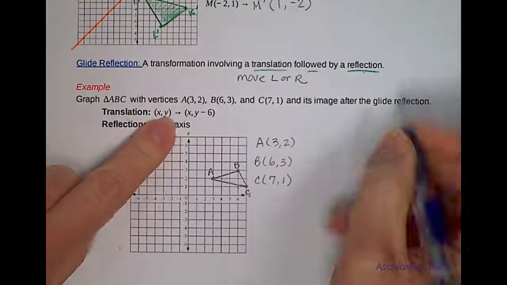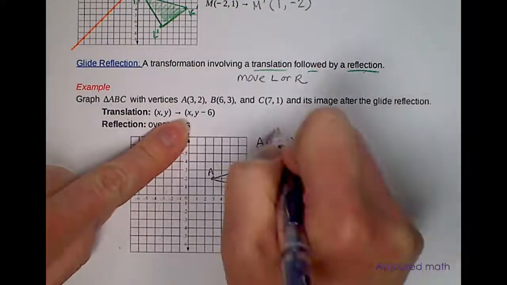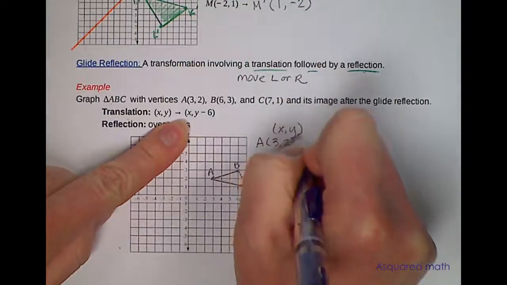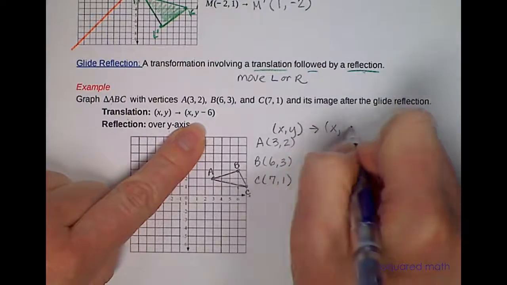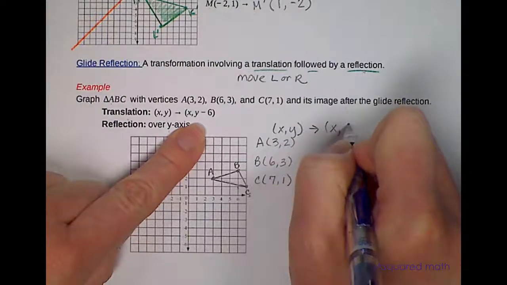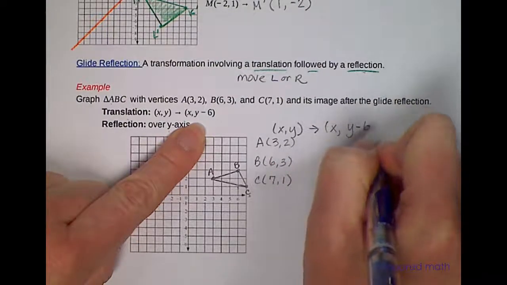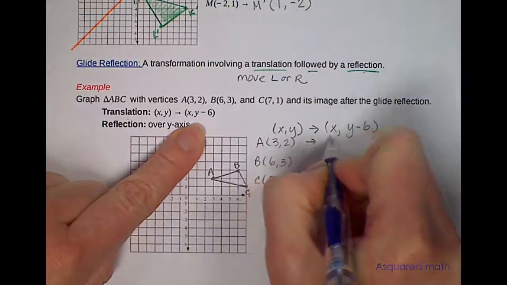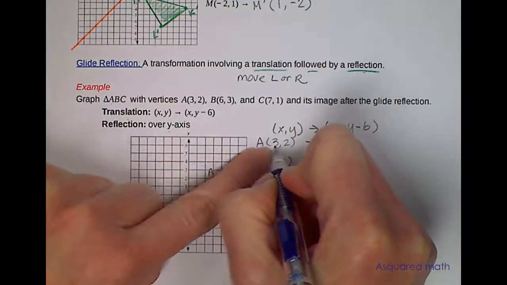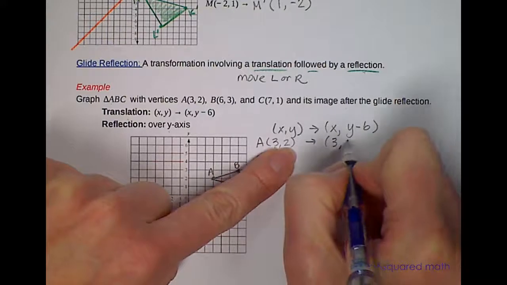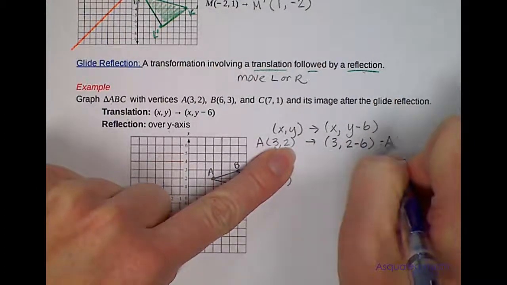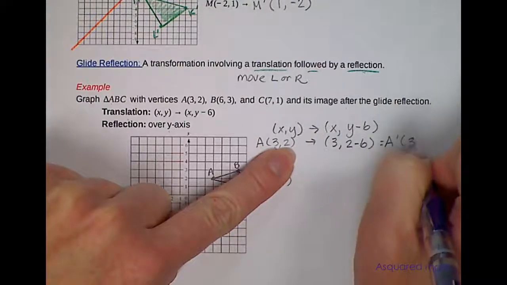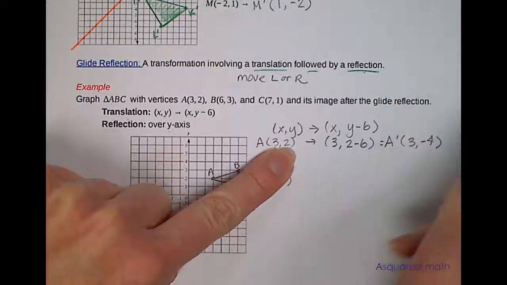First thing they want us to do is apply this rule. We take our original xy, and it yields a new point of x, and then take your original y and subtract 6. So we take our original x of 3, and our y value minus 6. So A prime is then 3, negative 4.